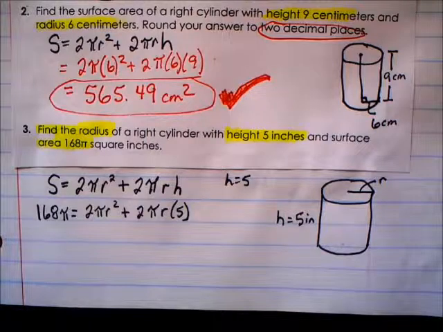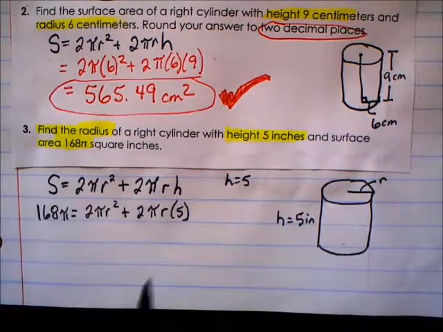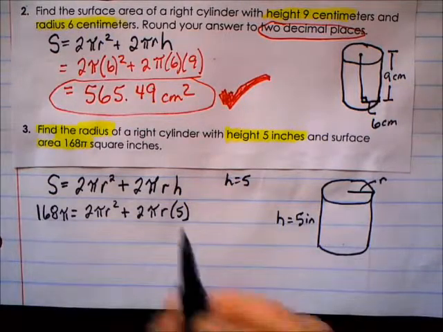Alright, now this one is a more difficult problem because we have 2 r's in this problem. I am going to go ahead and simplify this one first so that I can see what's going on.